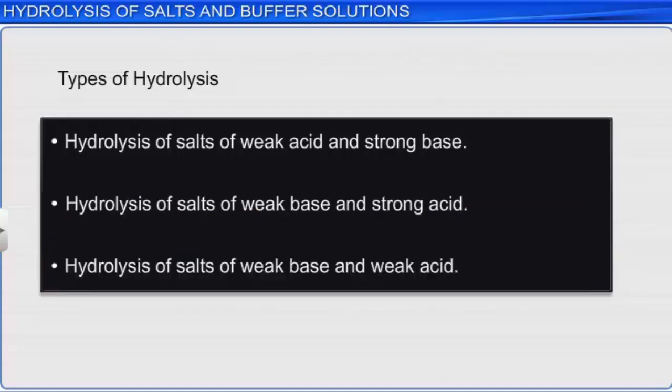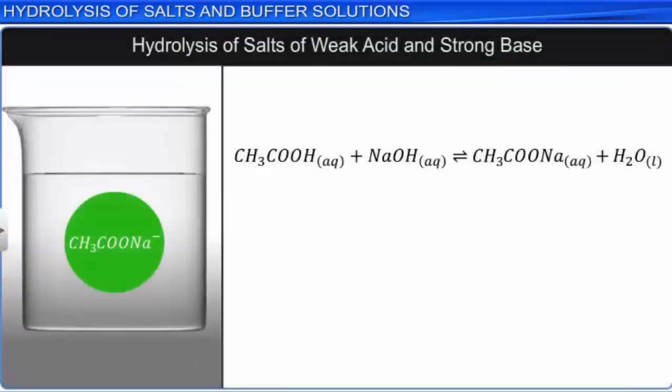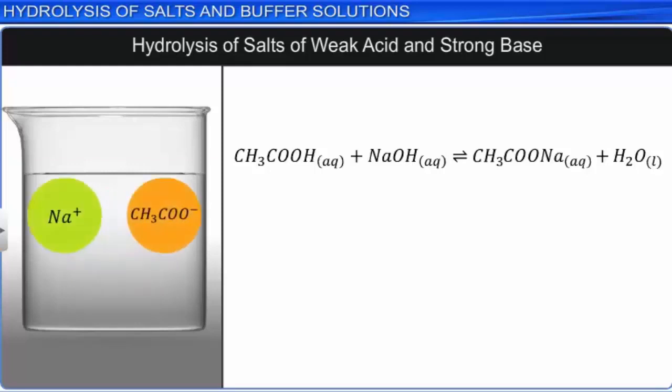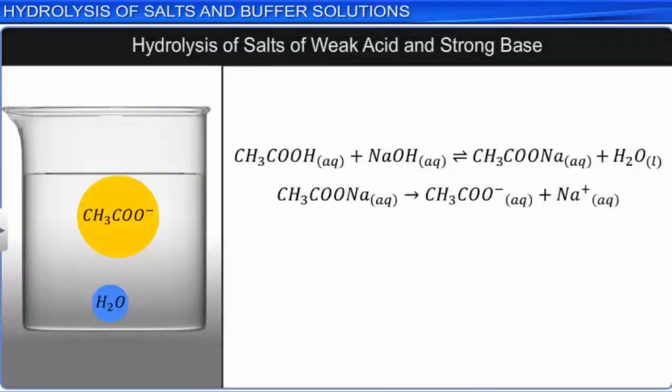Sodium acetate is a salt of weak acetic acid and strong sodium hydroxide base. It undergoes complete ionization in water to give acetate ions and sodium ions. The acetate ion, being a strong conjugate base of a weak acid, undergoes hydrolysis in an aqueous solution to produce OH minus ions.